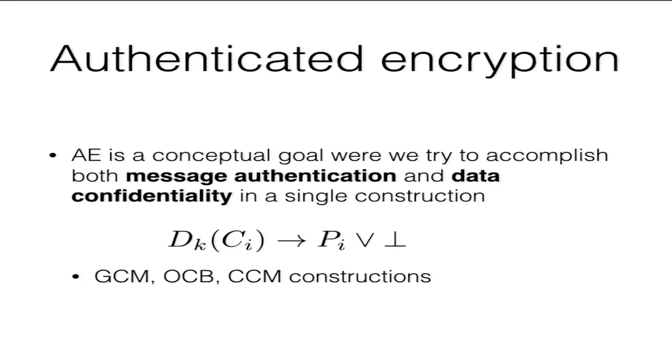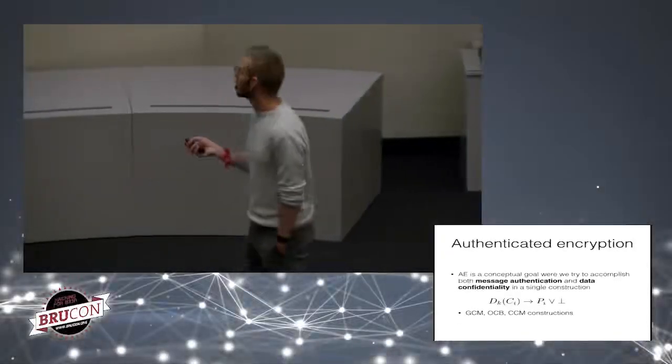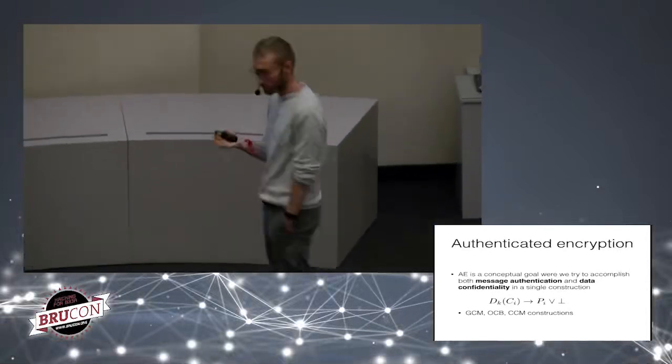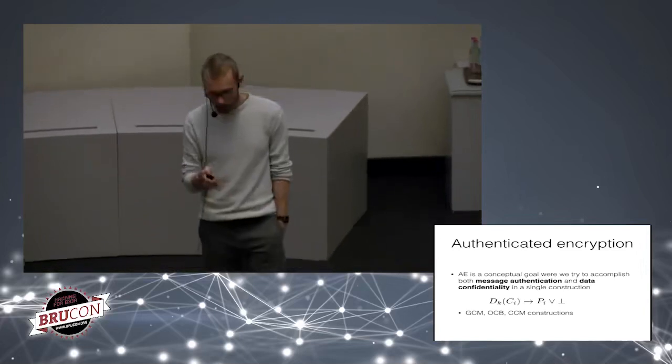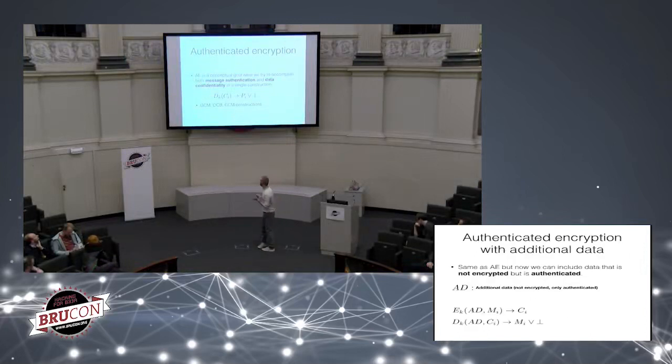So if we have this decryption of a ciphertext CI, it will give you back either the plaintext or the specific error term, meaning that the ciphertext was invalid. And we have constructions, systems, which allow for that. They are called GCM, OCB, CCM, which are real-world constructions. They're out there, you can use them, and they provide message authentication and data confidentiality in one single construction.